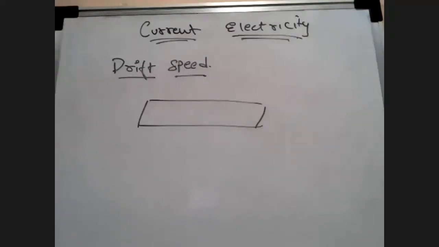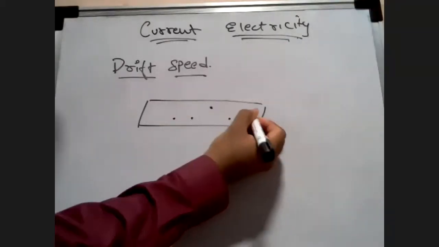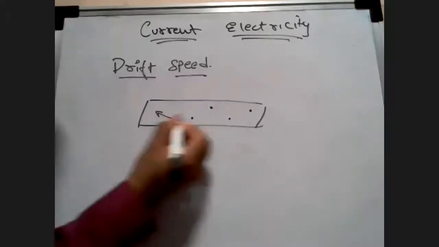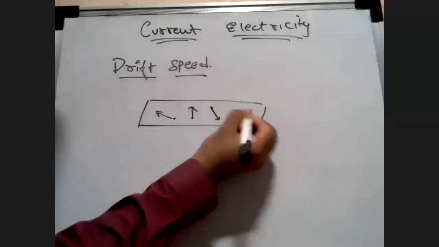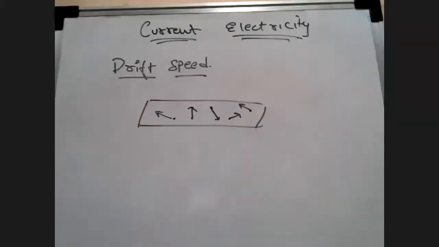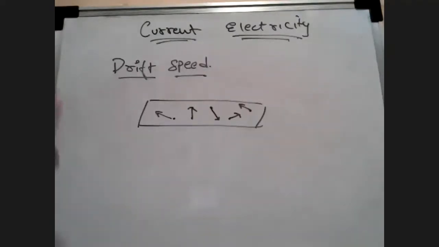Even with no electric field, electrons everywhere in the conductor are going to have random directions. And of course, the behavior of these electrons changes with temperature. So they will have random directions and random velocity.